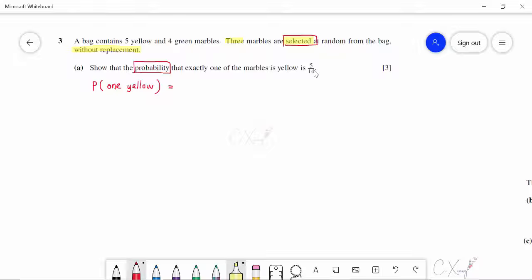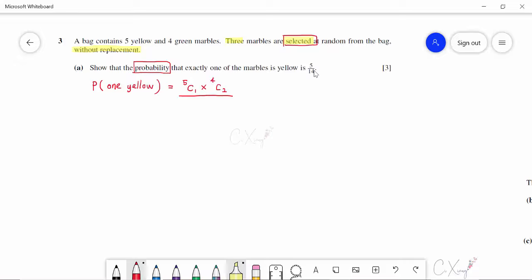So one yellow means that out of the 5 yellow marbles, you want to choose only one of them, and then you multiply it with the rest. So the rest will be green color, which means that for green color, you want to select 2 of them, and divide it by the total selection without any restriction.